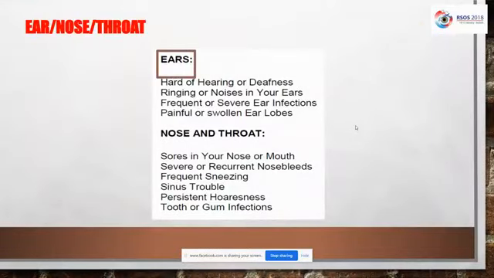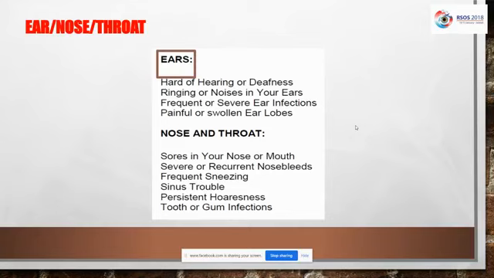The other important thing is the ear, nose, and throat involvement with any of the systems. So you need to ask about some symptoms related to the ears. You need to ask the patient if he or she has any hard of hearing or deafness.